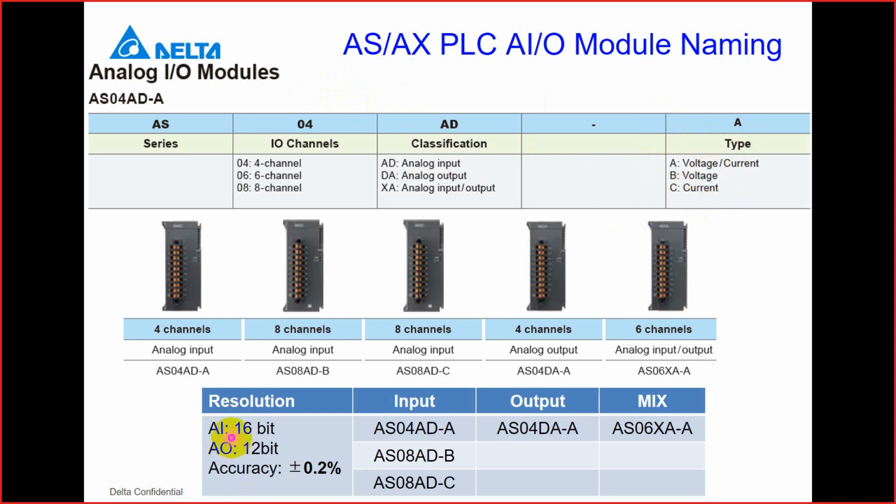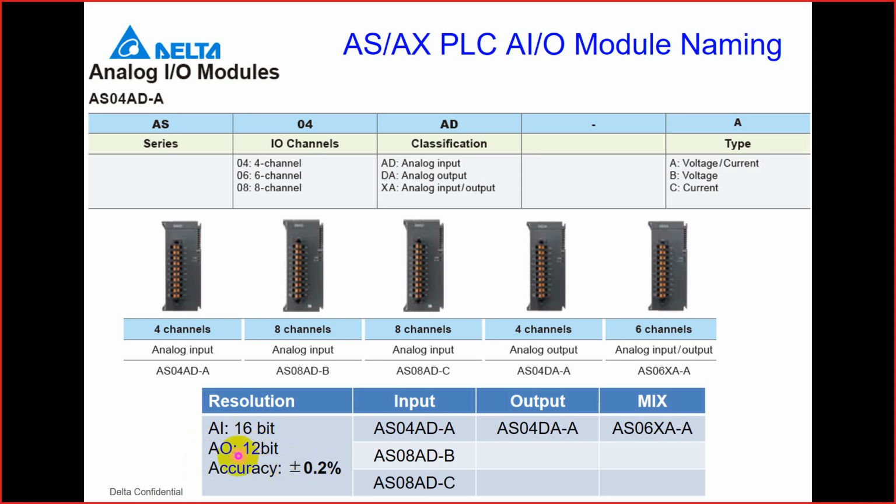Okay, and here I just want to highlight that for analog input, we can support up to 16-bit, but for analog output, it's only 12-bit. Regarding why here don't use 16-bit, this actually I checked with our R&D leader.